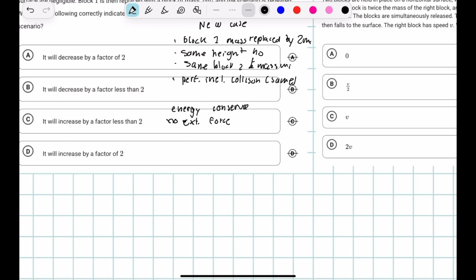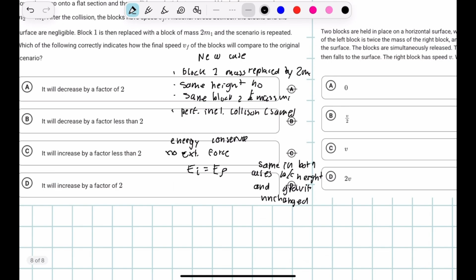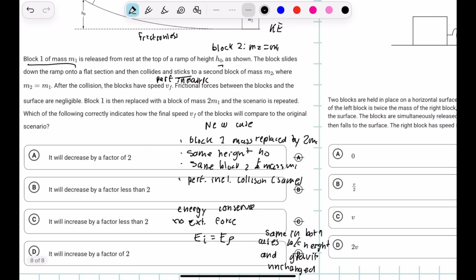So the initial energy is equal to the final energy. In both cases it's going to be the same because height and gravity are unchanged, like we saw in the problem. We see that it's the same height.